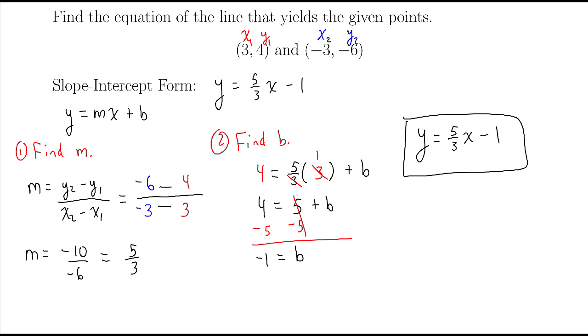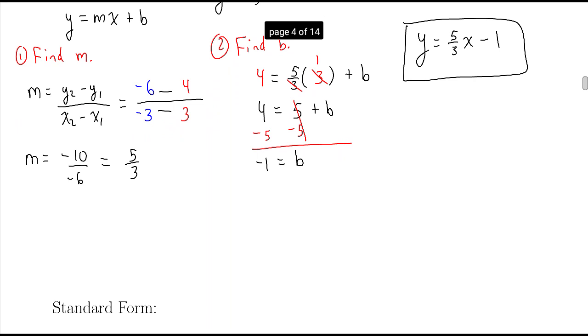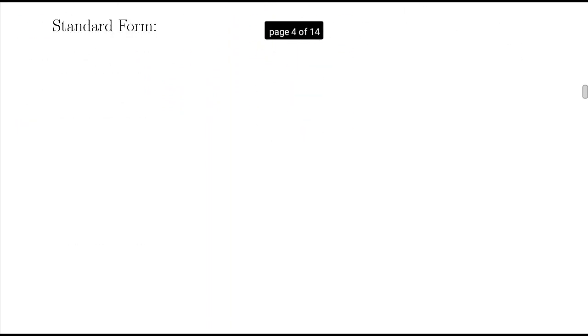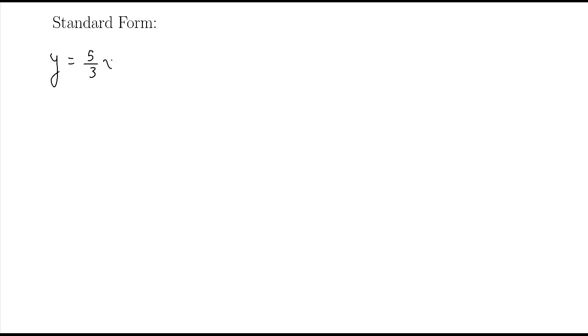Now, what if we want to write that in standard form? We'll take y equals 5/3 x minus 1 and convert it. Standard form is ax plus by equals c, where a, b, and c are integers, in other words, positive and negative whole numbers.